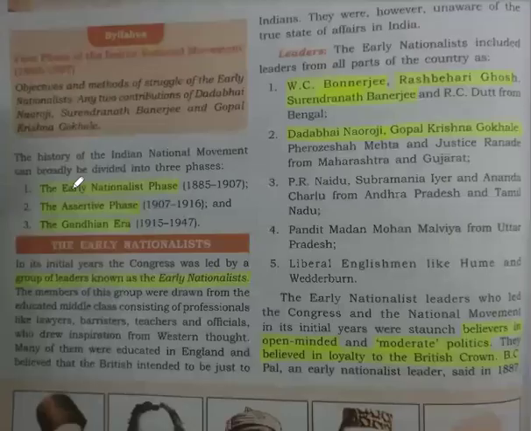This chapter is all about the early nationalist phase, which was from 1885 to 1907. 1907 also includes the Surat split, and in 1885 we have Dadabhai Naoroji, Surendranath Banerjee, and many more people who come under this. In the next chapter, we're going to learn about the assertive phase, the assertive nationalists. After that, the Gandhian era, which was from 1915 to 1947.